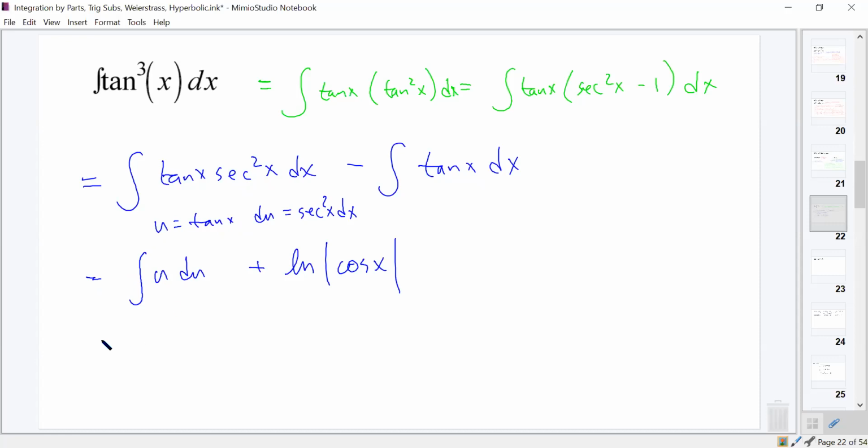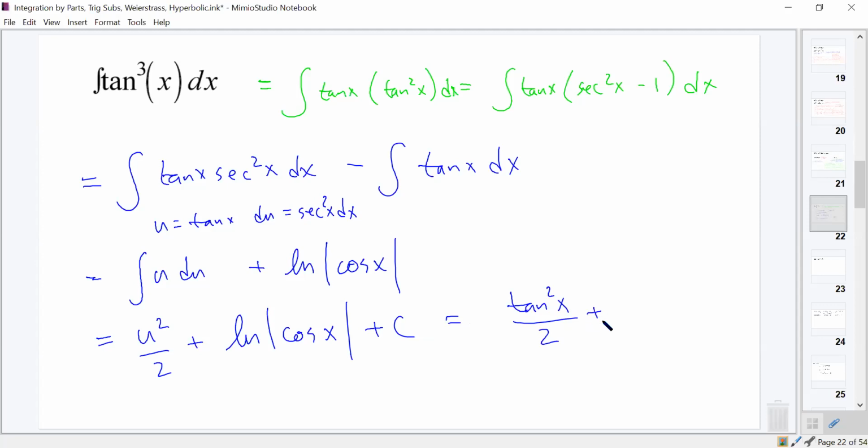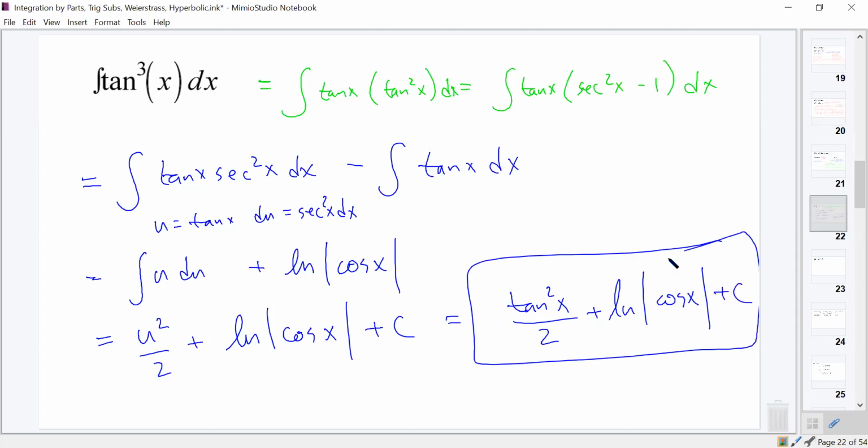And if we integrate u, we've got u squared over 2 plus natural log absolute value cosine x. Now that I've done all my integration, I'll put a constant there. And u is tangent, so tangent squared x over 2 plus natural log absolute value of cosine x plus your constant. Good or no? So I got to get a little bit creative with some of these.